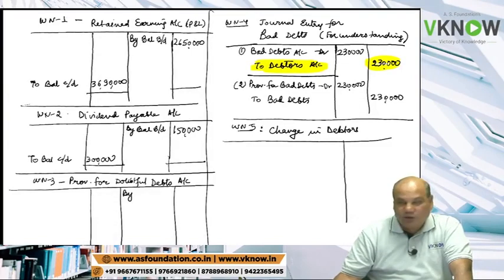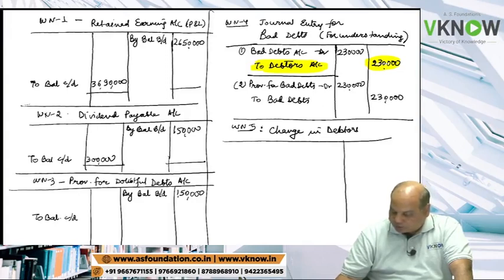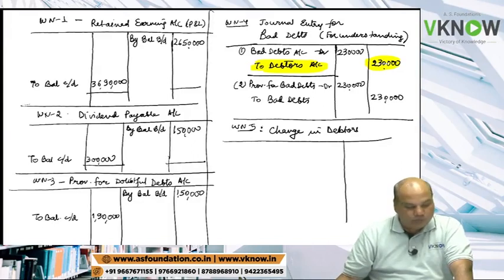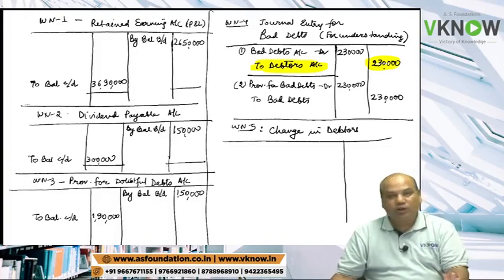By balance brought down 1,50,000 and to balance carried down 1,90,000.